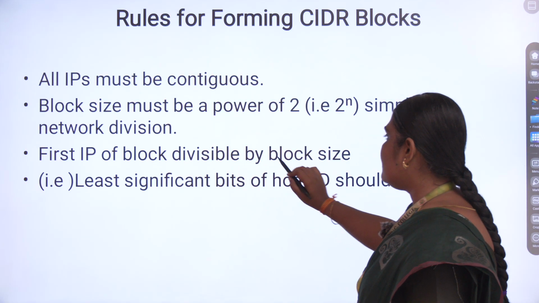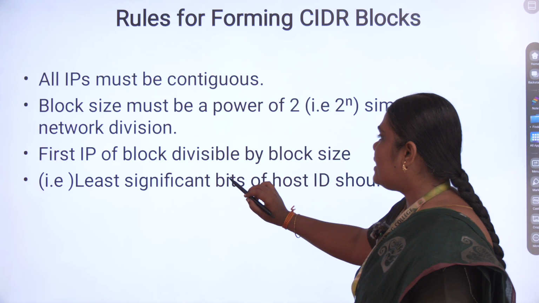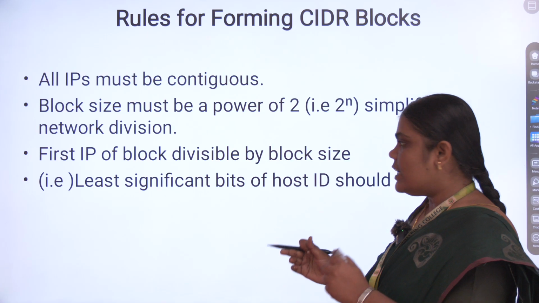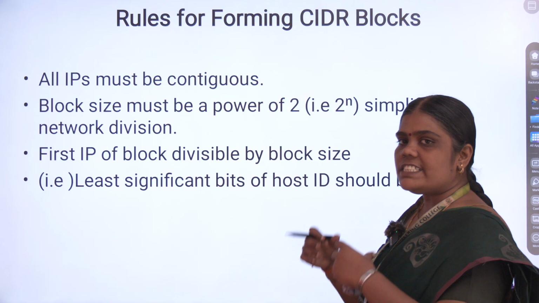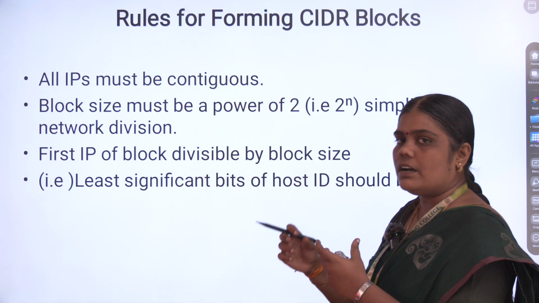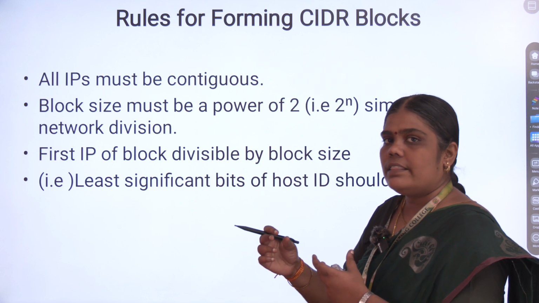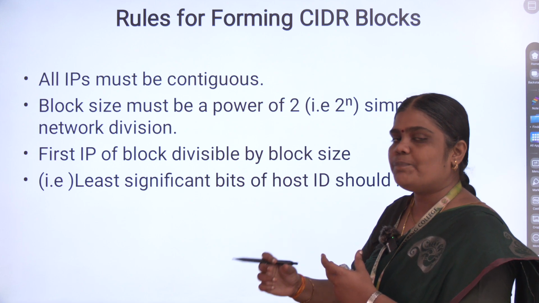The first IP of the block must be divisible by the block size, that is the third rule. The first IP of the block means the first IP address. If I am saying 10 to 20, the first roll number is 10. It is the same here also.